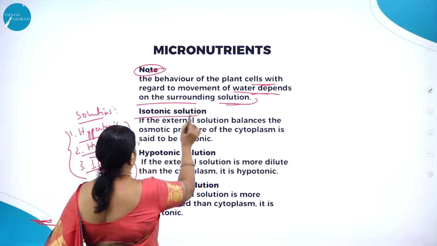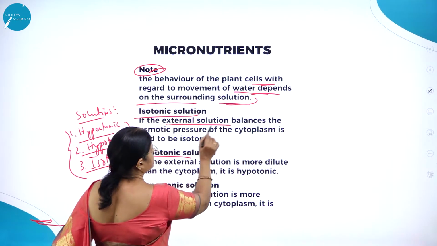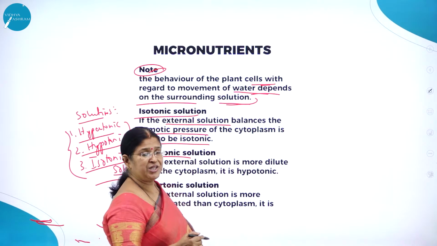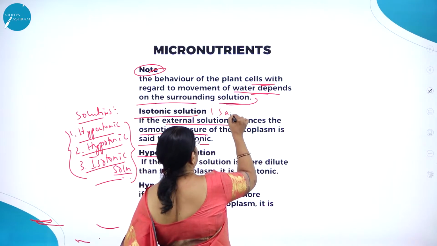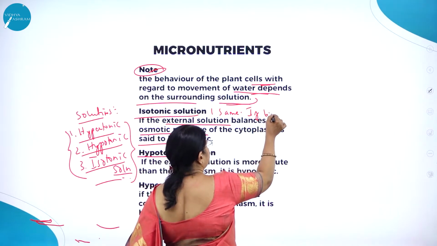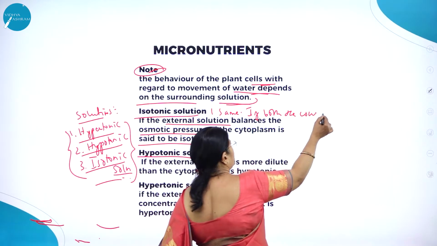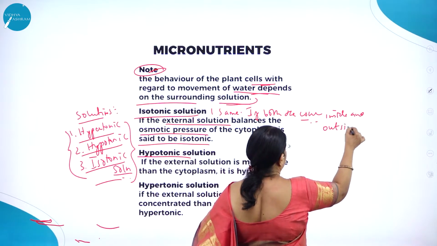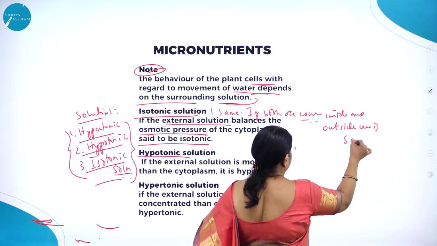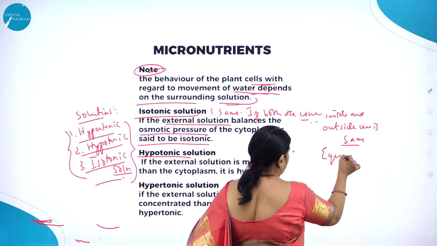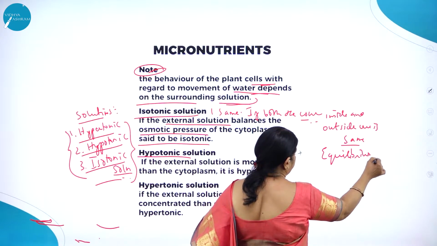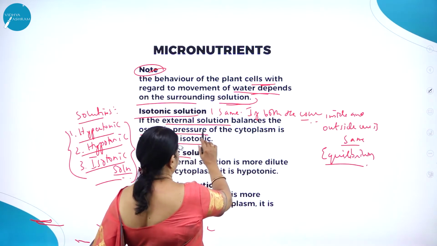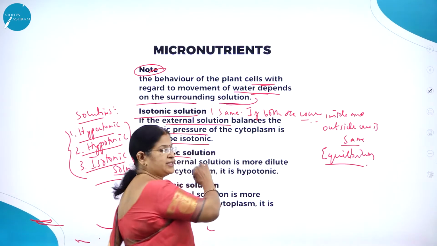So what is isotonic solution? If the external solution balances the osmotic pressure of the cytoplasm, it is said to be isotonic. Iso means same. If the concentration inside and outside the cell is the same, that means there is equilibrium, and we call it an isotonic solution.